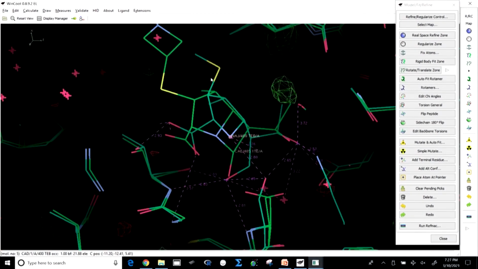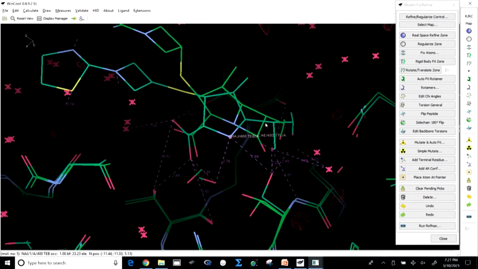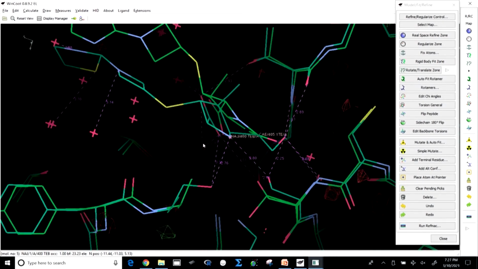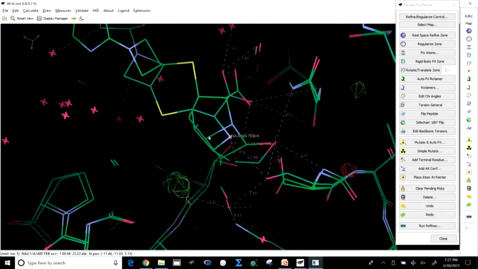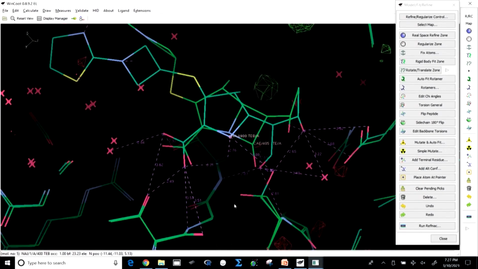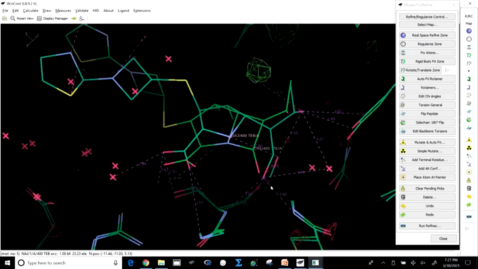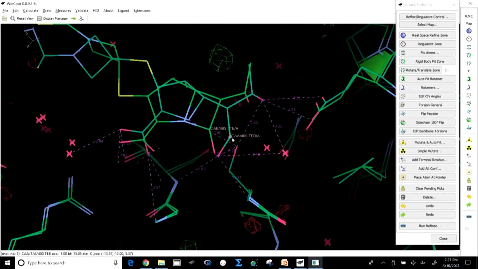Here you see that this is intact, whereas this is broken, and when the ring is broken, you see this carbon is here, right.